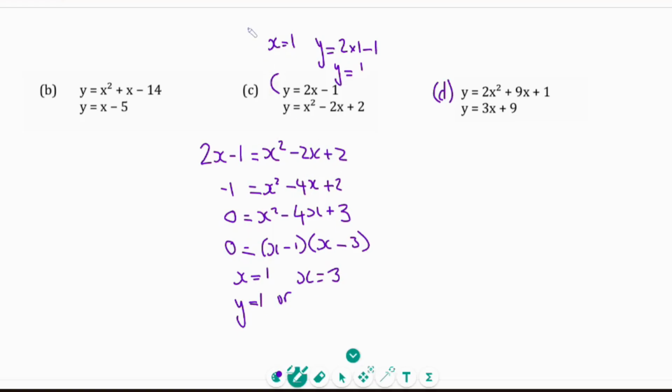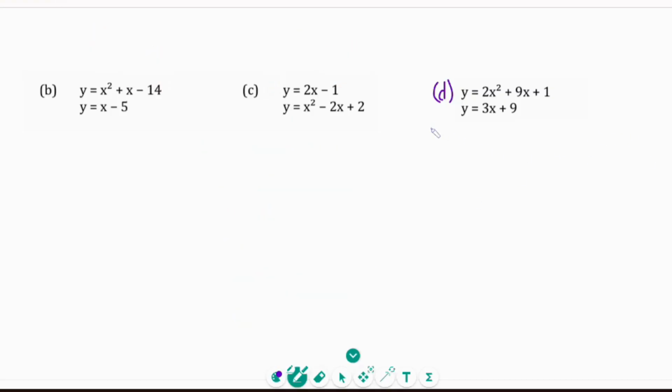When x is 3, y is equal to 2 times 3, take away 1, y is 5. We've got part D.